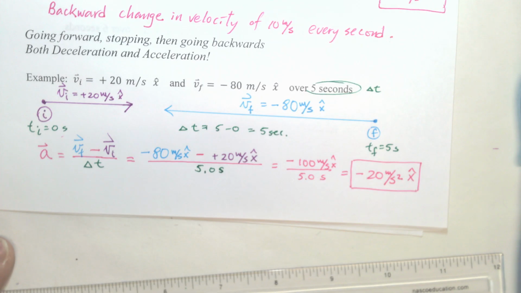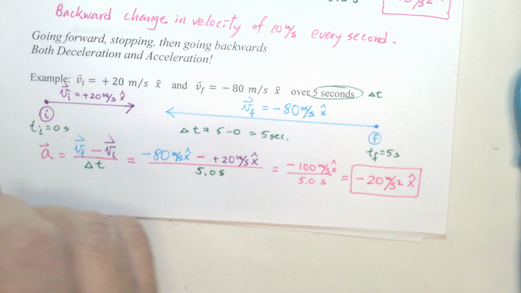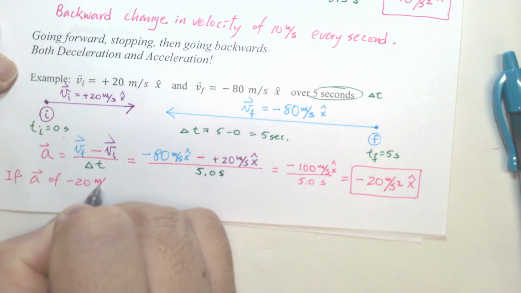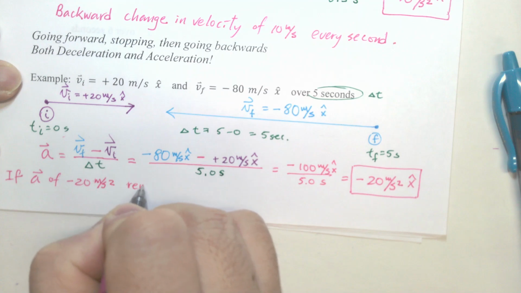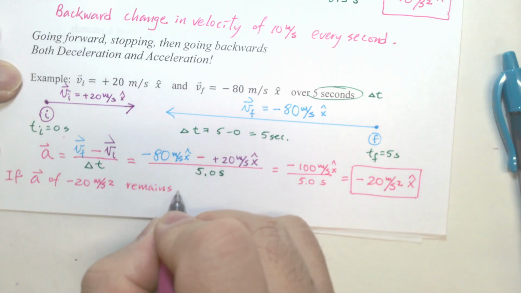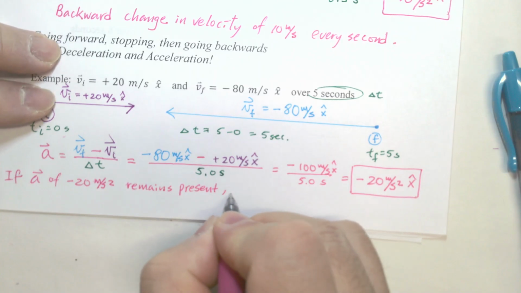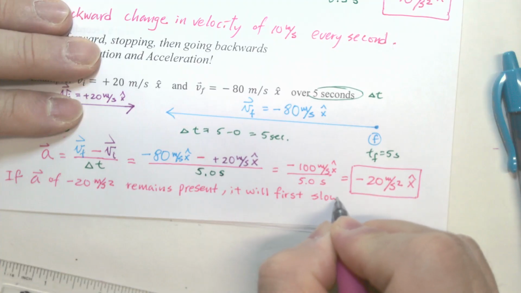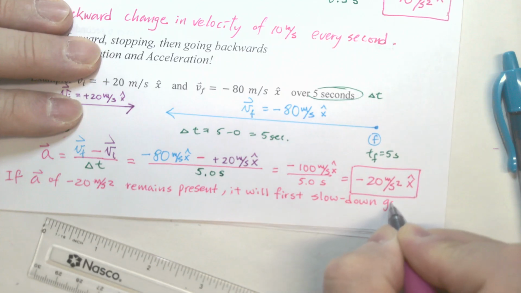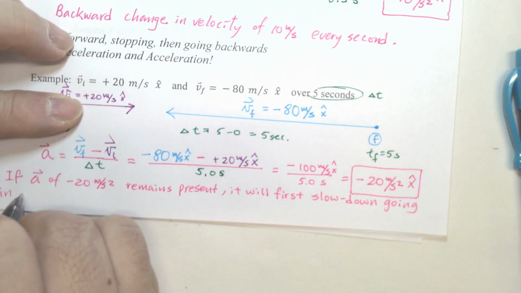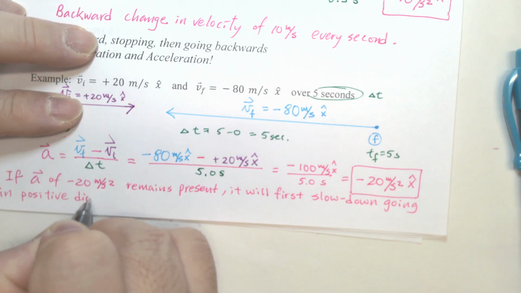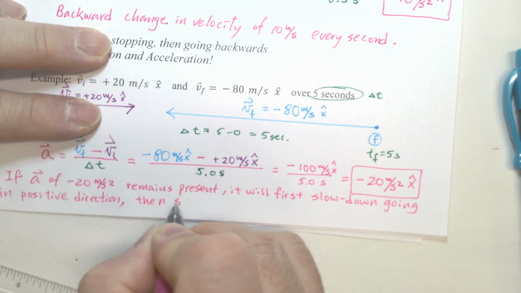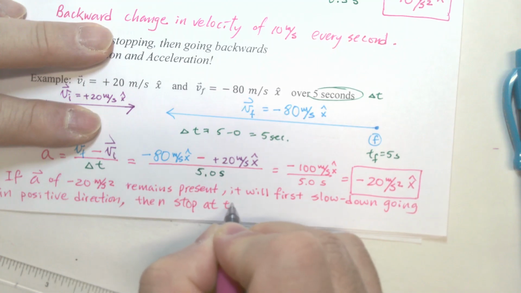Okay? So here, if acceleration of negative 20 meters per second remains present, it will first slow down going in positive direction, then stop at t is equal to 1 second.